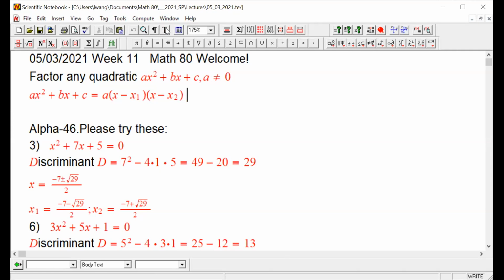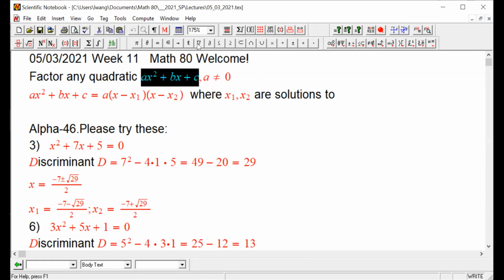Okay, but what is x1, x2? x sub 1 and x sub 2 are solutions to the quadratic equation set equal to 0.